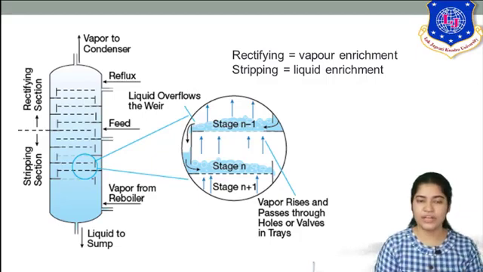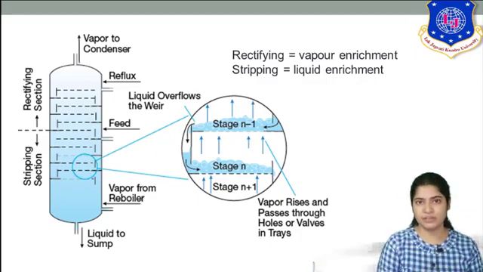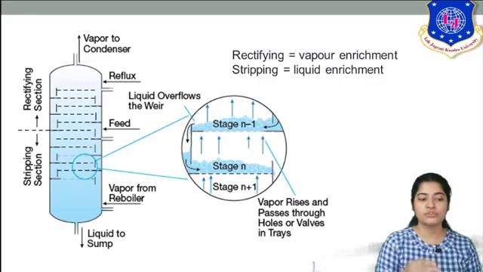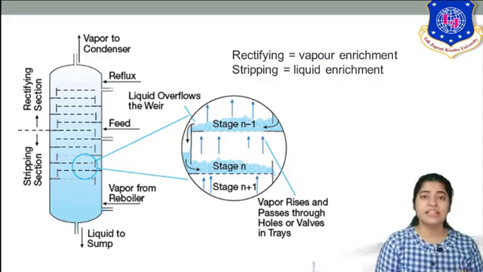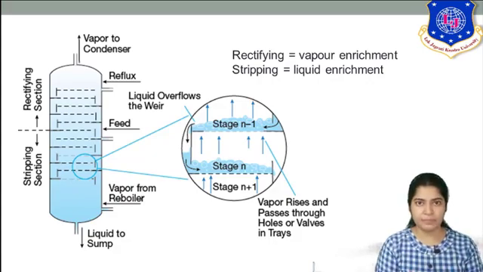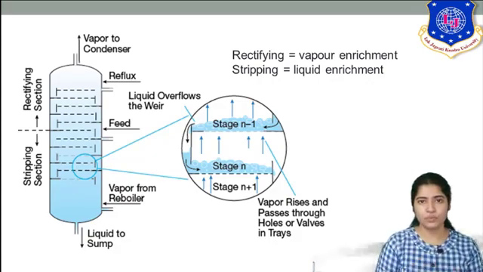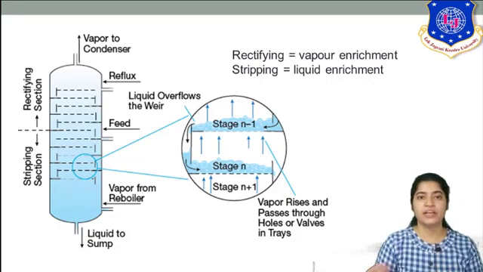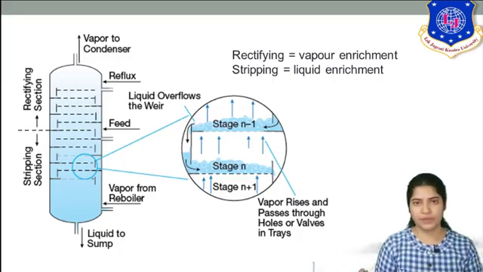Whereas in stripping, vapor from the reboiler, in your reboiler liquid is again reheated and converted into vapor. So vapors from your reboiler come in contact with the liquid coming down the plate, right. Now as liquid and vapor come in contact here, your more volatile component is stripped off the liquid, and hence again it is converted into vapor, okay. So that is your stripping section.